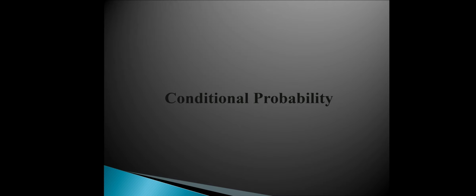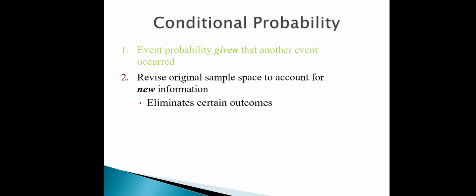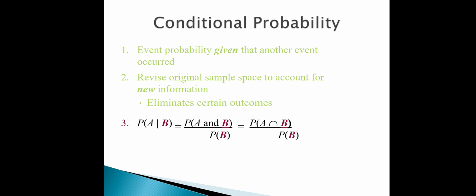Conditional probabilities. The conditional probability is related with an event, and it is the probability of the event given that another event occurred. Revise the original sample space to account for the new information and eliminate certain outcomes.